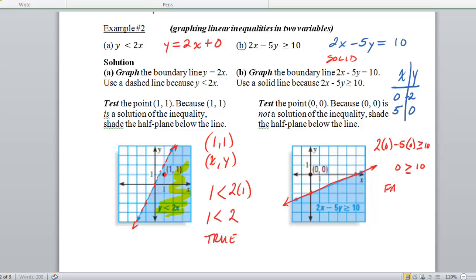We know that that is a false statement. And so since 0, 0 is right here, none of this would be shaded. We're going to shade everything on the opposite side of the line from 0, 0. And so that's just two quick examples of how to graph inequalities with two variables, one in slope-intercept, one in standard form.